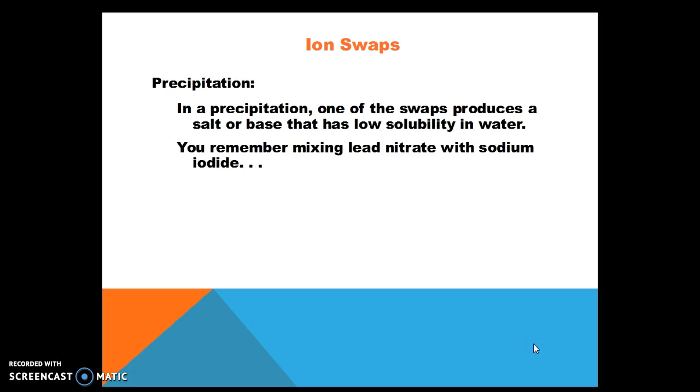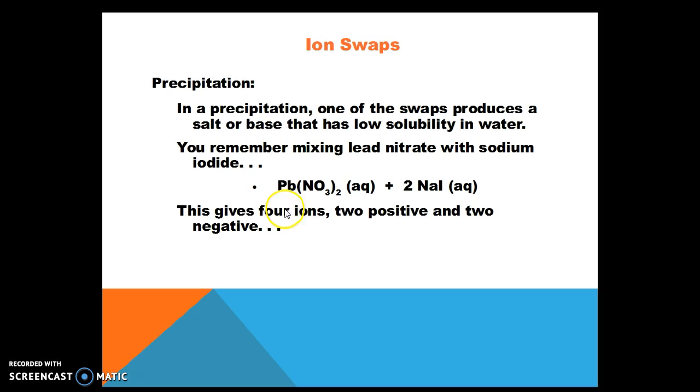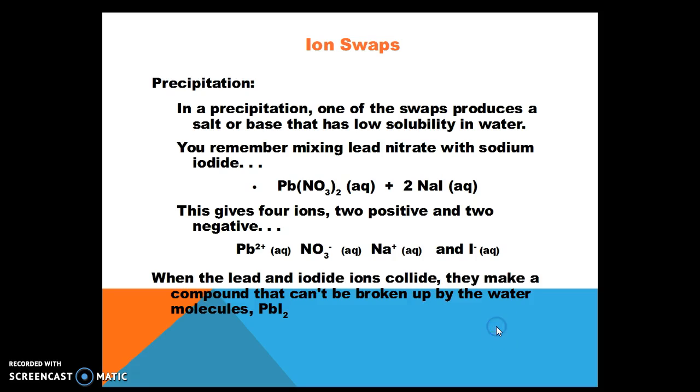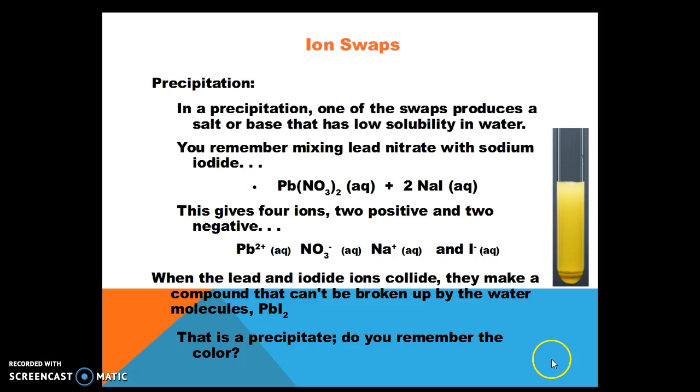You remember you mixed lead nitrate with, I think, sodium or potassium iodide, and you had 4 ions, 2 positive and 2 negative, the lead and the nitrate, the sodium and the iodide, all in aqueous solution, and they made a compound that can't be broken up by the water molecule, and the compound is lead iodide, and the water couldn't break it up, so it fell to the bottom of the tube. Do you remember the color? There's a picture.